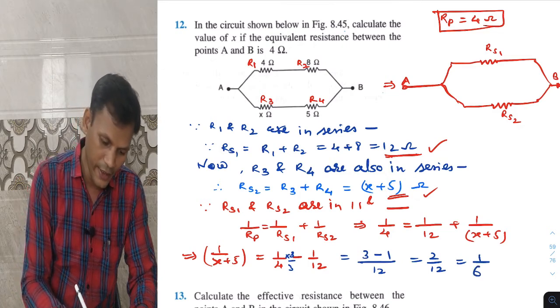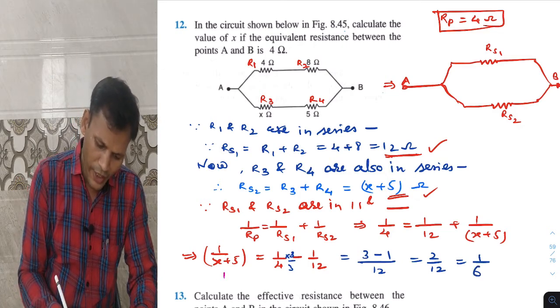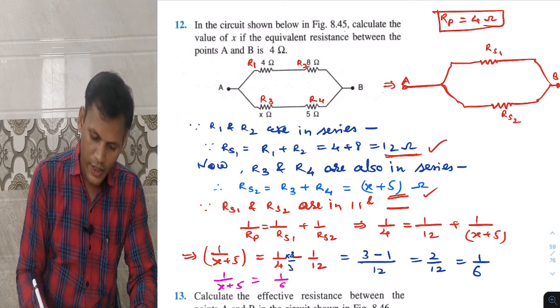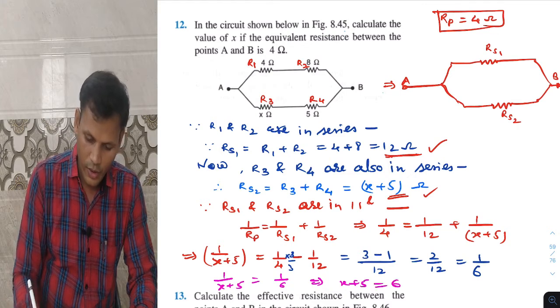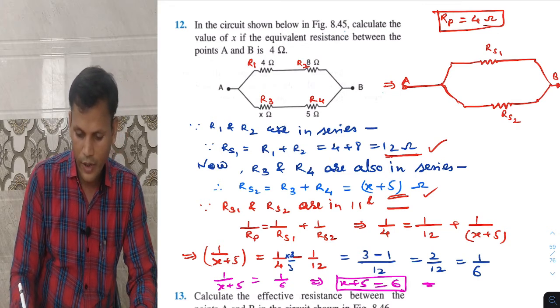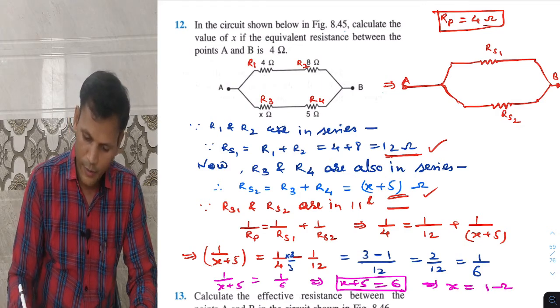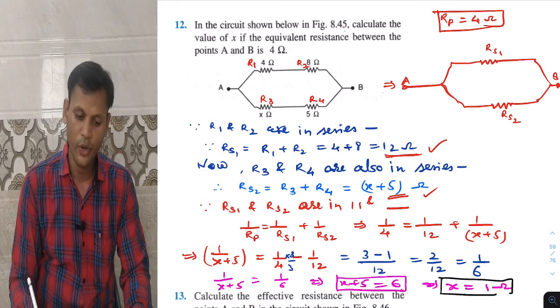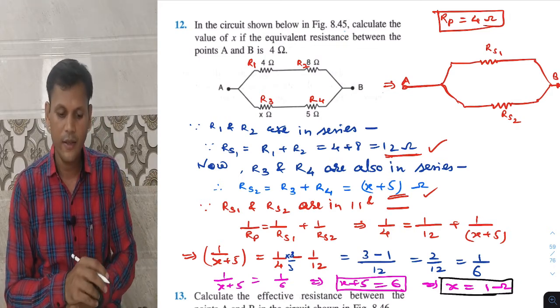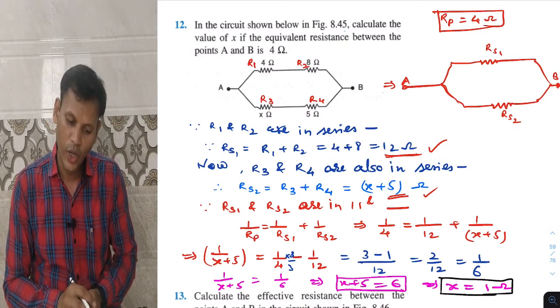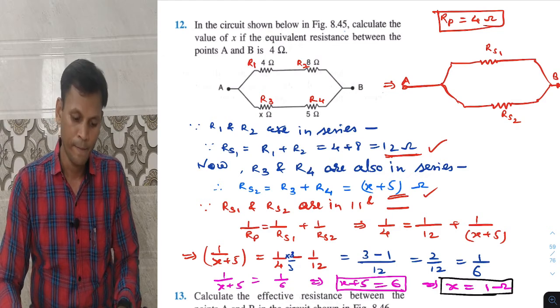So we can compare it, 1 upon x plus 5 is equals to 1 upon 6. So it implies that x plus 5 is equals to 6. So x will be 1 ohm. This is the final value of x. So x is 1 ohm.